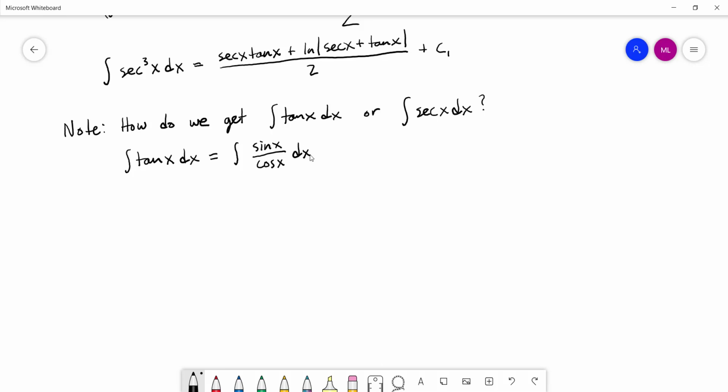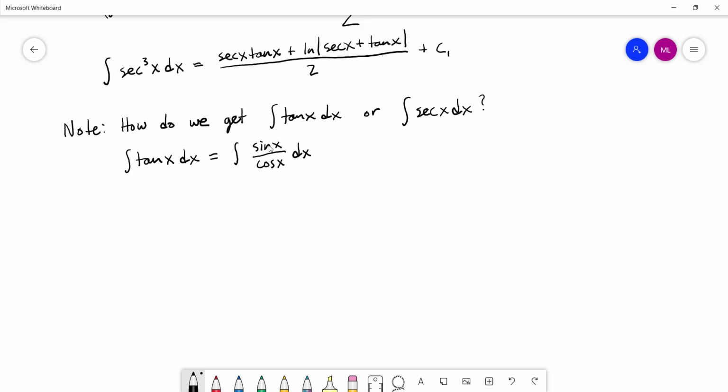And now we've got a situation where we can do a U substitution. I see two functions, each of which is the derivative of the other, mod some sign in this case. I want to pick the one that doesn't introduce unnecessary negative signs.